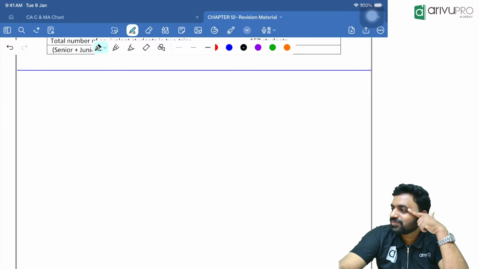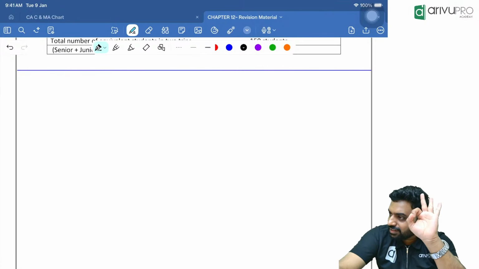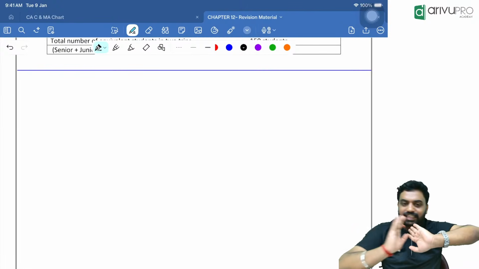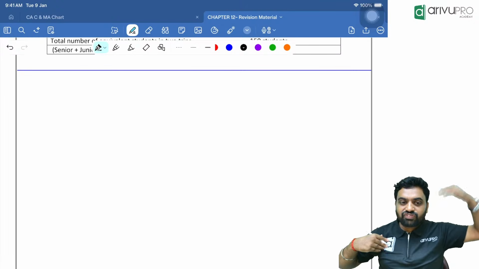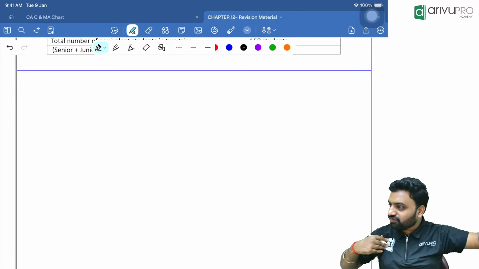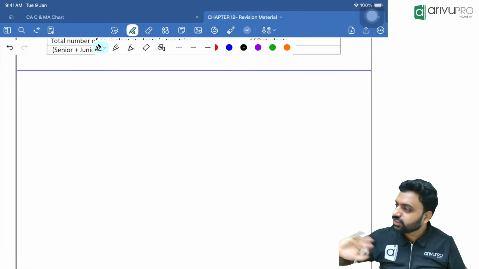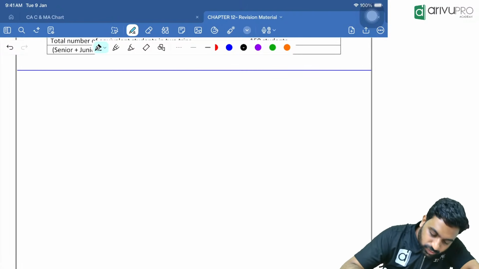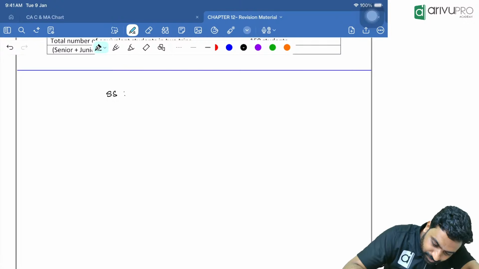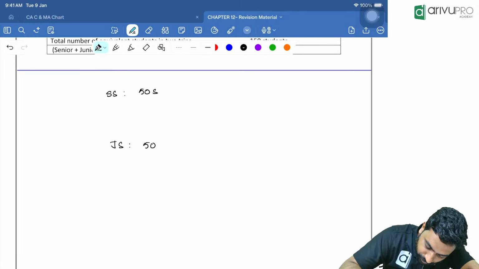In a whole year, we are handling 50 junior students and 50 senior students. Please keep in mind, we are not handling 50 junior and 50 senior in the morning and 100 again in the afternoon, making 200 and monthly 6,000. No, we are handling the same students throughout. That means junior students I am handling is 50, senior students I am handling is 50.